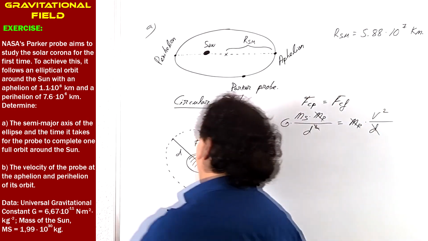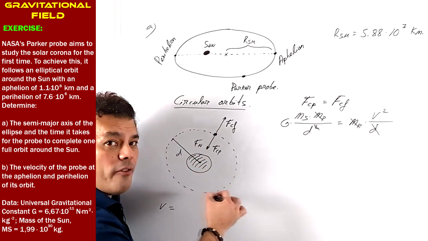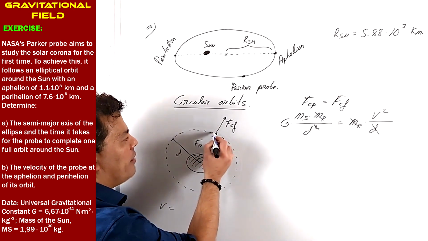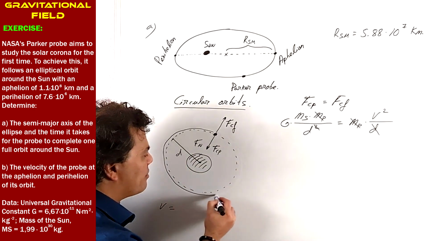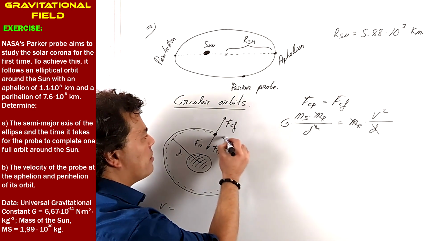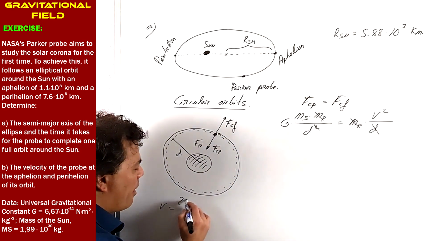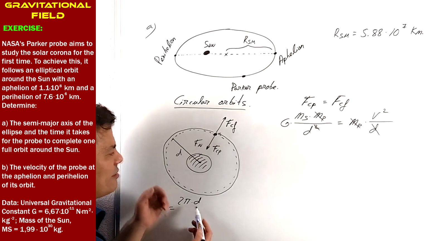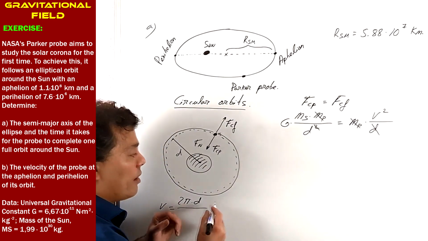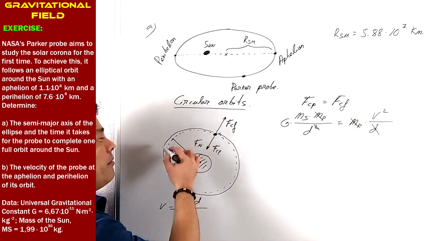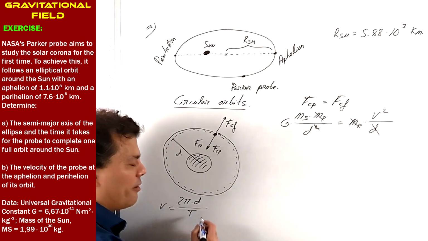The velocity equals the distance traveled in a complete revolution, that is, the length of this circumference of radius d, that is 2 pi times the radius, 2 pi times d, divided by the time taken. And the time taken to complete a circumference is the so-called period.